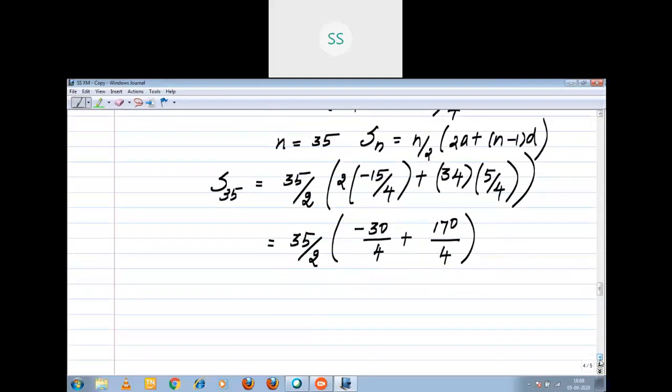Which is equal to 35 by 2 into 140 divided by 4. Now you can divide. 2 2s are 4. Here it becomes 70. 2 35s are 70. Got it? 35 35s are. You can multiply easily.